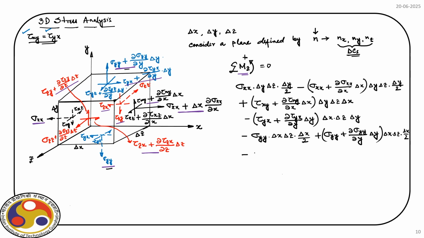Then minus tau zy. So, we can identify this here, tau zy, times we have the plane defined by delta x delta y times the lever arm is delta x by 2.